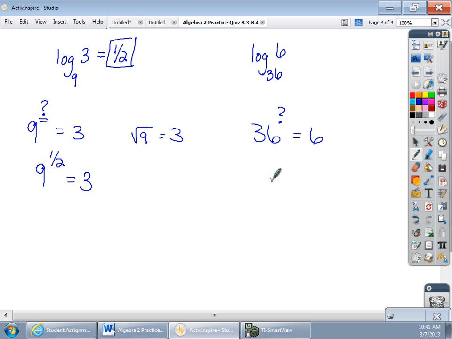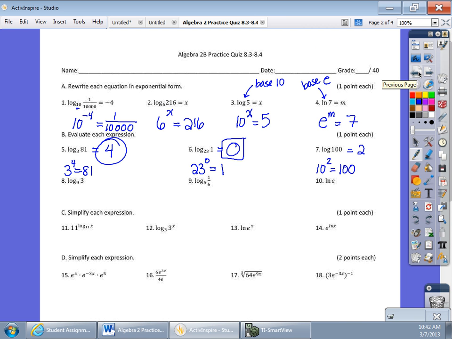And well, we know that the square root of 36 is equal to 6. And this right here is the 1/2 power. So this is equal to 1/2. So over here, when it says log base 9 of 3, again, that is equal to 1/2, because 9 to the 1/2 is equal to 3.